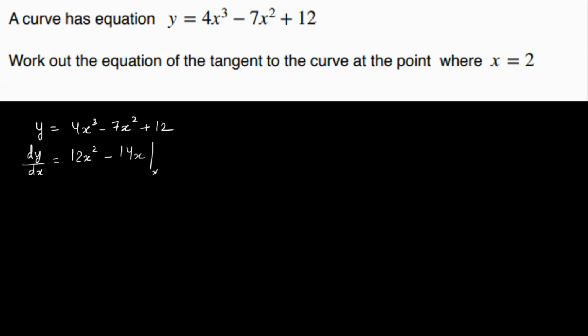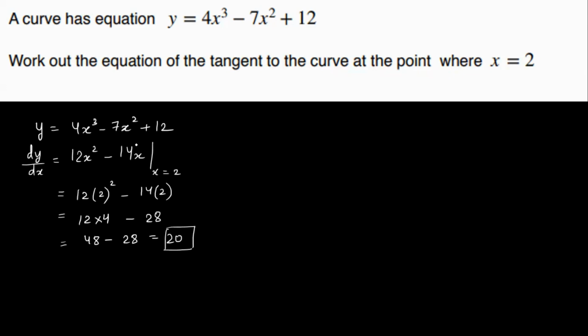Let's put x as 2: 12 into 2 squared minus 14 into 2. This gives you 12 into 4 minus 28. This is 48 minus 28, which gives you 20. So this is the gradient of the curve at x equals 2.